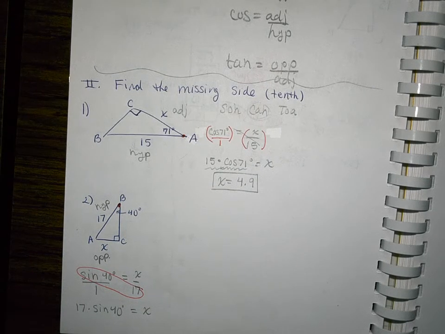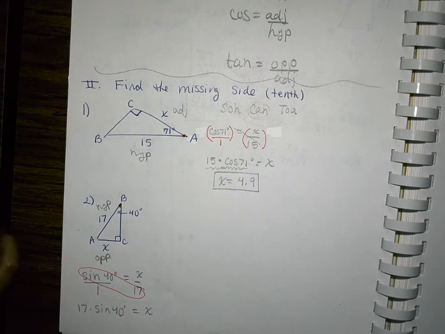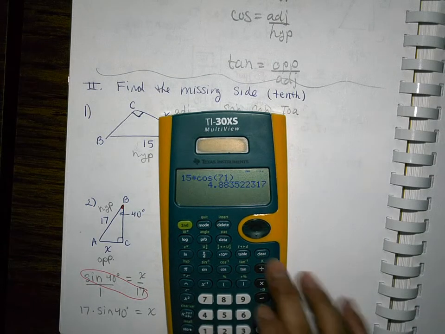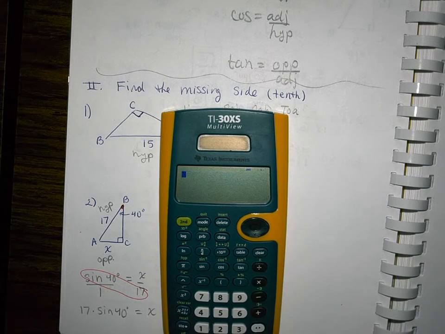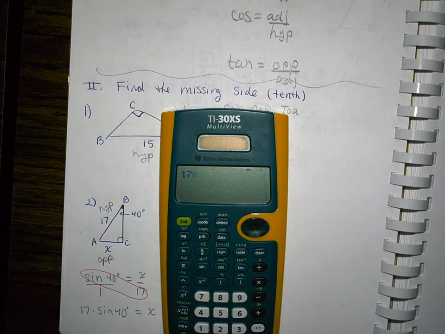Okay, how do we plug this in our calculator? Just like this, 17 times sine of 40. That's what's nice about these scientific calculators. You can plug it in exactly as you see it. I'm just going to clear that out. You can leave it and just go on the next line. Okay, where are we at? 17 is the first thing I type in, 17. And then times.